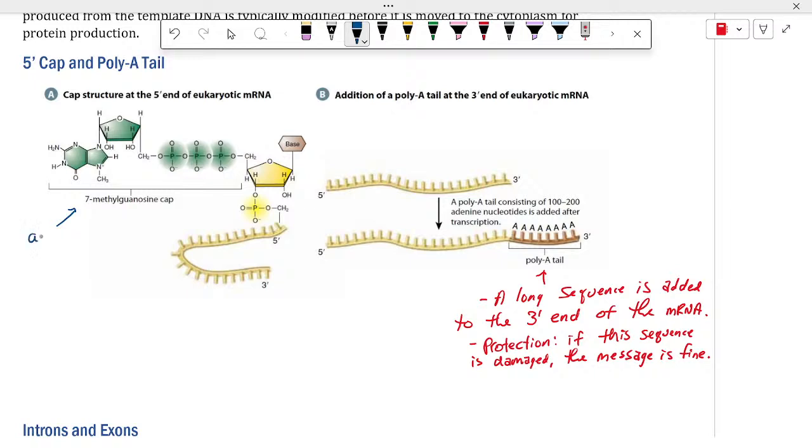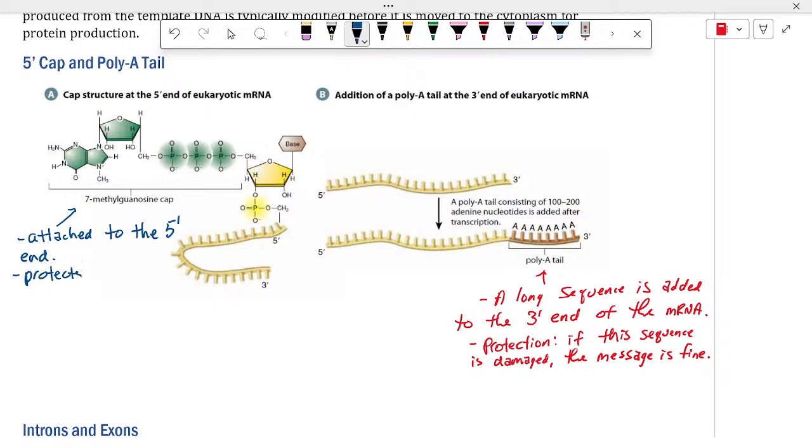So this is attached to the 5' end. And it prevents, I should say protects. That's the language I use.